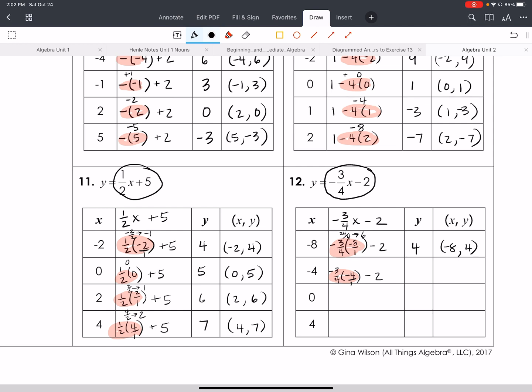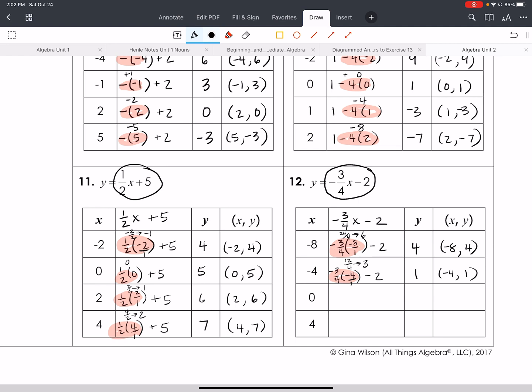I think it's easier to deal with. You don't have a negative on both top and bottom. That negative sign in front means only one is negative, either the top or the bottom, and I like to choose to make the top negative. So this would be positive 12, and then on the bottom, 4 times 1 is 4, and then 12 divided by 4 is going to give me 3, so 3 minus 2 is 1. So when I have an input of -4, my output is 1.